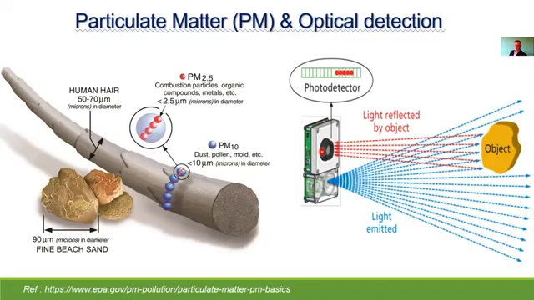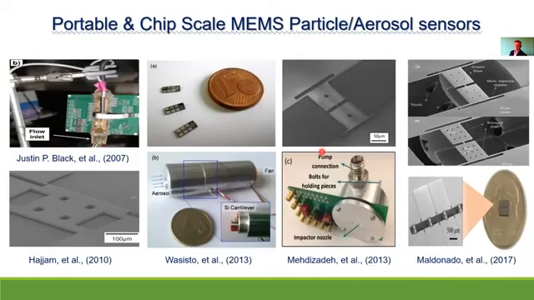Because if they tend to go beyond the 300 nanometer sized particles, the size of the measurement instrument and the complexity of the instrument itself increases. So, over the past few years, research has been carried out to develop portable and chip scale sensors based on MEMS technology for detecting these particles.